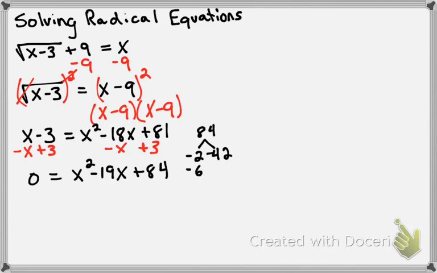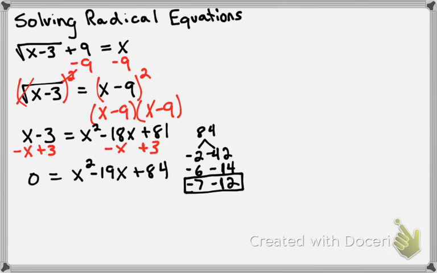Negative 6 would give me negative 14. That's still not going to work. What about negative 7 and negative 12? Negative 7 times negative 12 gives me positive 84, and when I add them together, I get negative 19. So these are the factors we want.